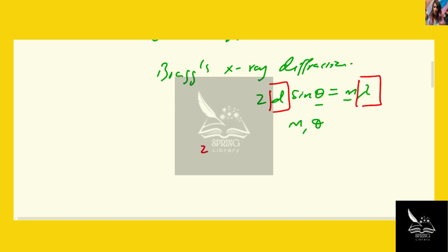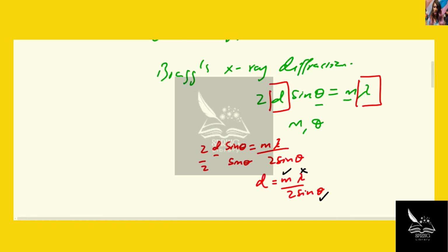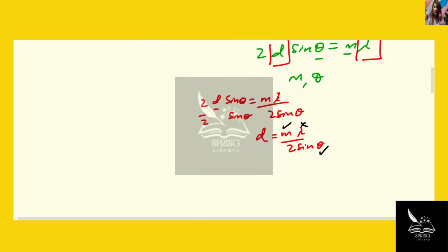So if we had 2d sine theta and we wanted to solve for d, we would have to divide both sides by 2 sine theta, and so our d would become m lambda over 2 sine theta. But you can see that in this particular problem, if we know theta and we know m, but we don't know what lambda is, then we have a problem.